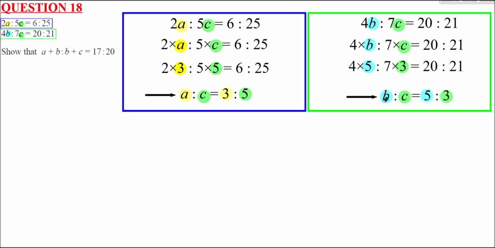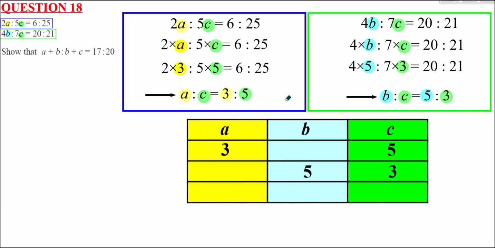So now I can put these into a ratio table comparing a and b and c together. So if I just have a yellow column for a, a blue column for b, and a green column for the c values, I can now try and get these to match up. So a to c was 3 to 5, b to c was 5 to 3. 5 and 3 don't match, but I can make them match.